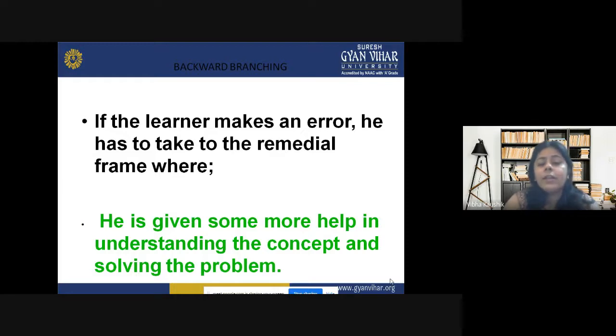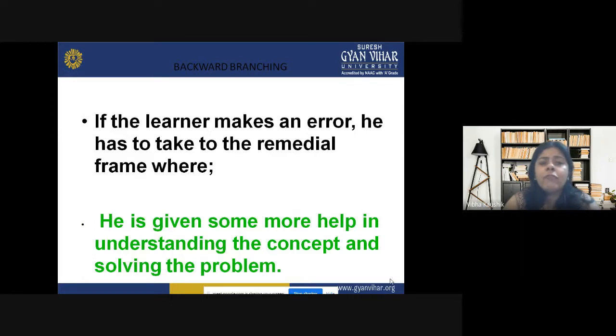In that remedial frame, more help will be given by the programmer to the learner in understanding the concept. It can include some examples, and those examples will help the learner to understand the concept in a better manner and solve the problem. The remedial frame will help the learner to solve the problem which he or she is facing.